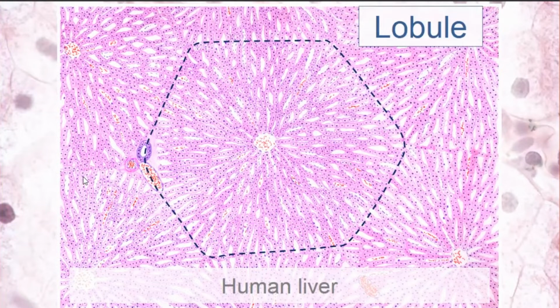If human liver has well-developed septa between the lobules, it's pathological condition. It's fibrosis which may develop into cirrhosis. It's very difficult, very severe disease of liver.